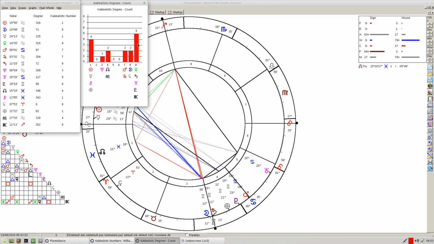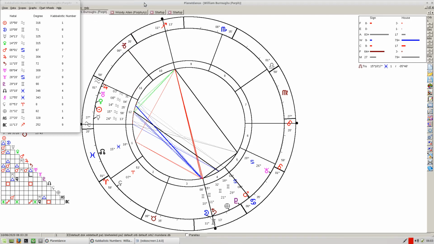You can see there's also a 9th degree emphasis with William Burroughs. He has 5 planets in the 9th degree: Venus, Saturn, Neptune and Pluto, along with the midheaven. And it's this group of planets here that we'll see are repeating throughout the use of this method.